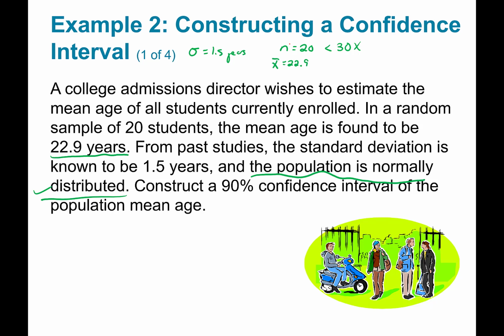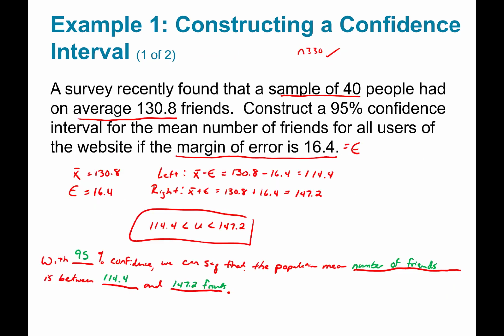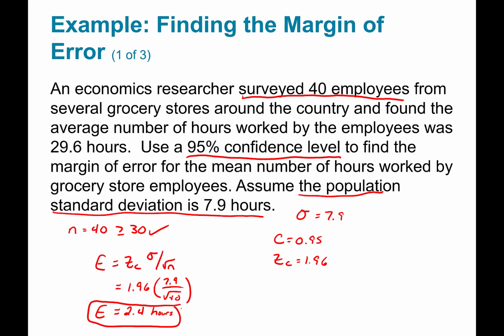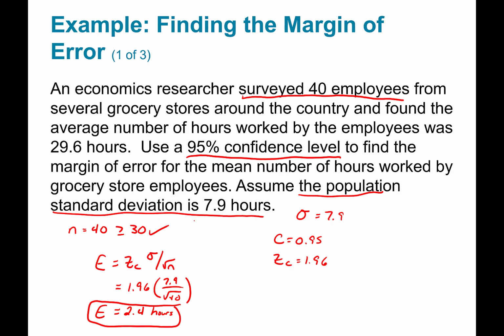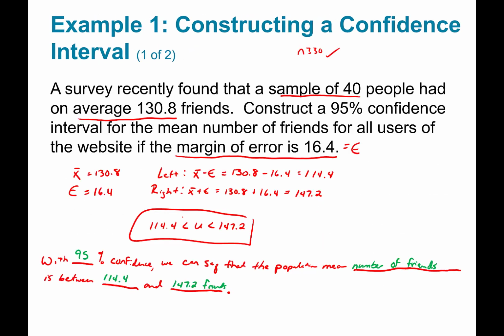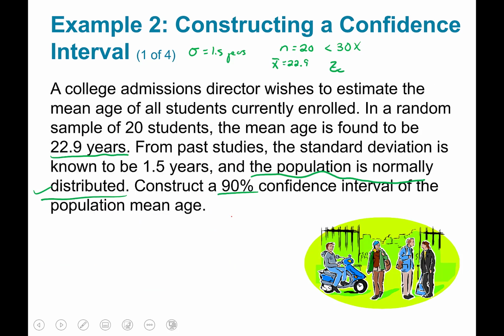So x bar is 22.9, and we already have n is 20. From there, we need to find our critical value of z. So remember, this just goes off of the 90%. So if we know 90%, then using that table, so remember, you can either find this table in your course pack or in the PowerPoint here. So 90% we know is 1.645. So critical value of z, 1.645.